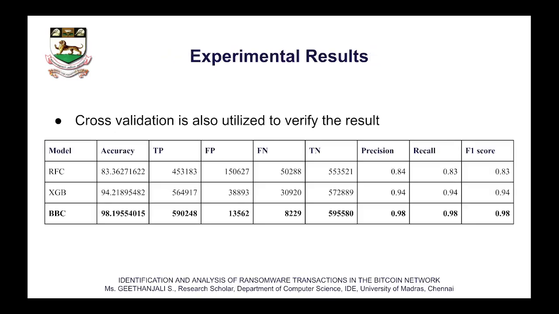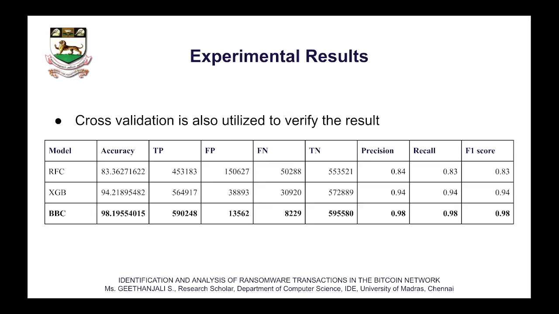After performing the classification task, these are the results achieved for the different classifiers. Random forest classifier achieved 83.3% accuracy, XGB 94.2%, and balanced bagging classifier 98.19%. Accuracy was not the only measure that was taken into consideration.